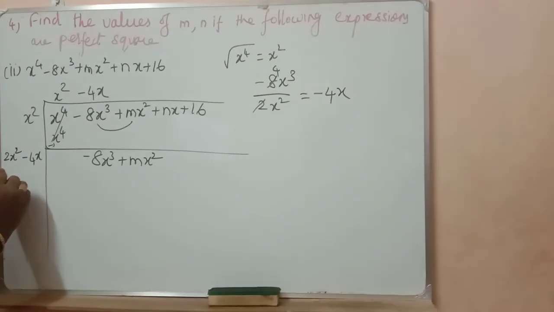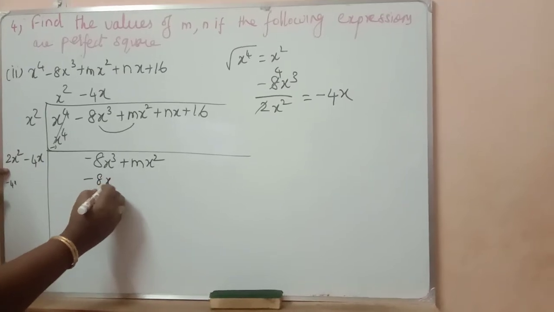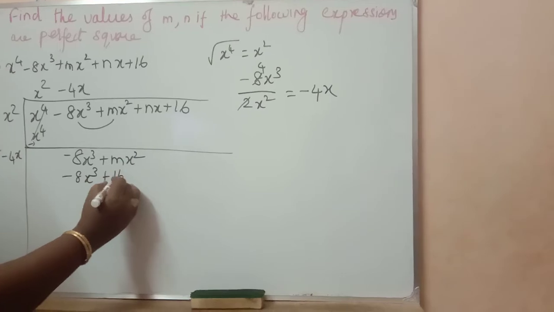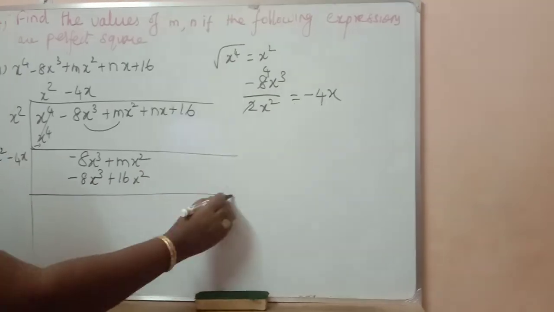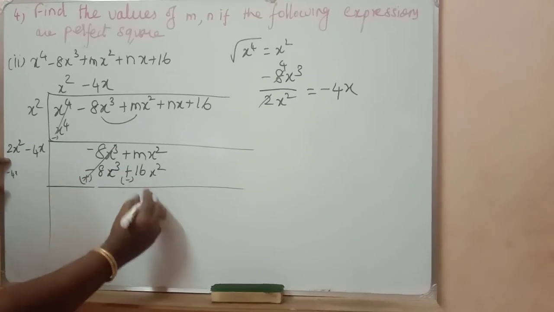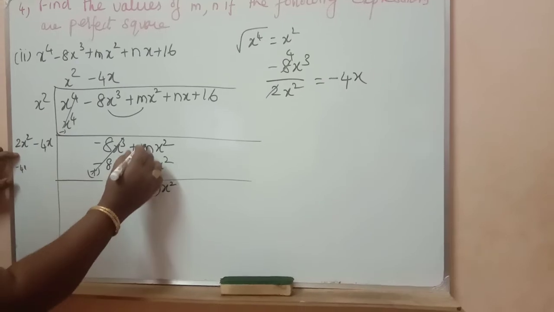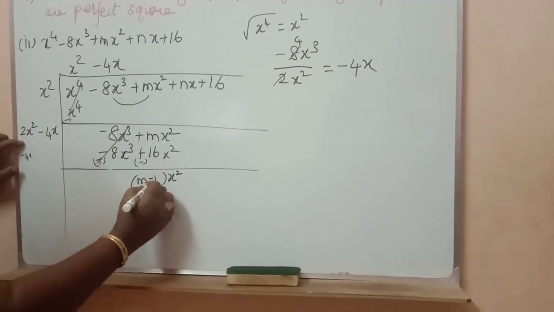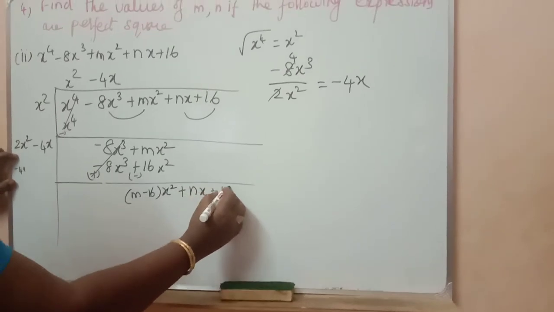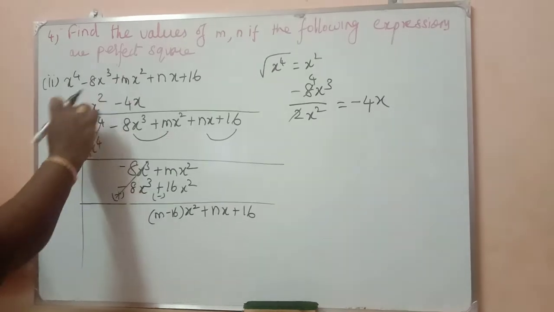Now multiply by minus 4x, plus into minus minus, 2 4s are 8x cube, minus into minus, plus 16x square. Change the sign, it will be cancelled. Now x square write as such, m minus 16. Okay, next after subtracting bring the next two terms. Here multiply the terms at the top by 2.